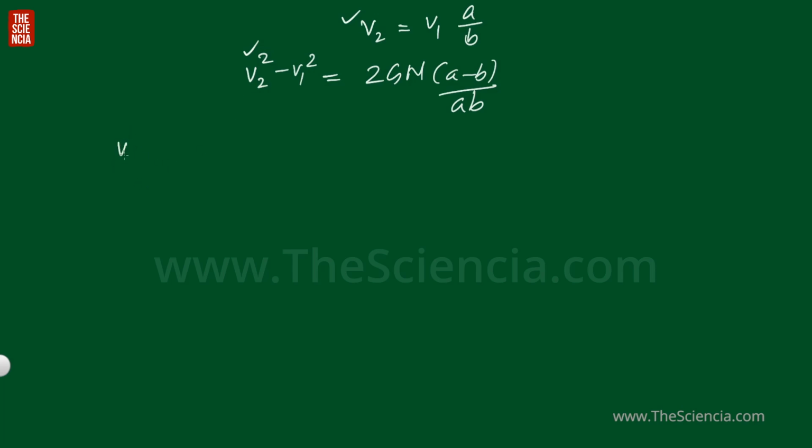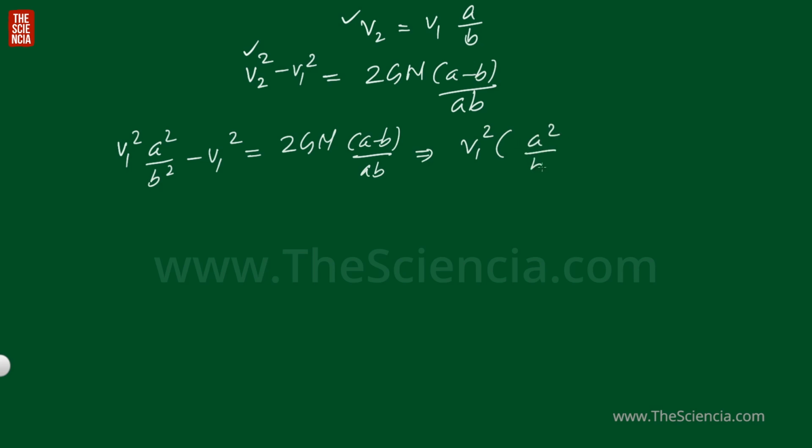We get v1 square a square by b square minus v1 square equal to 2GM a minus b by ab. That is v1 square into a square by b square minus 1 is equal to 2GM into a minus b by ab.